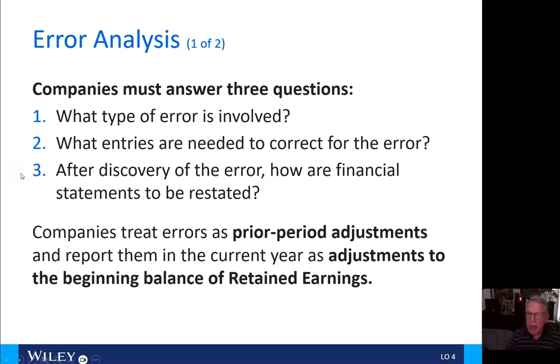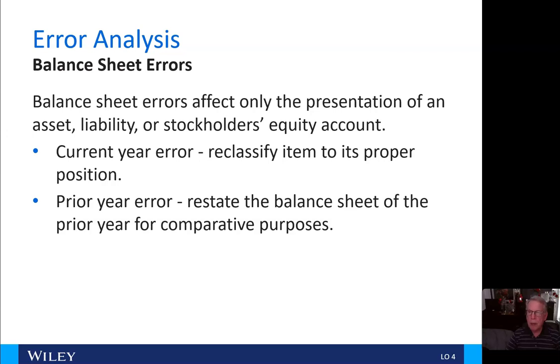And number 3, after discovery of the error, how are financial statements to be restated? Companies treat errors as prior period adjustments and report them in the current year as an adjustment to the beginning balance of retained earnings. Pretty straightforward there.